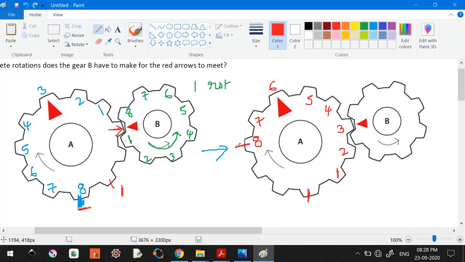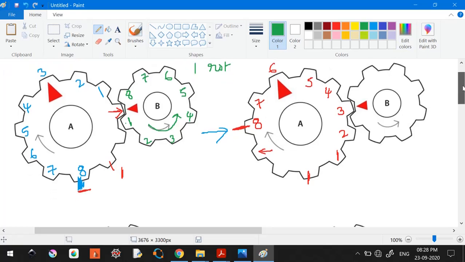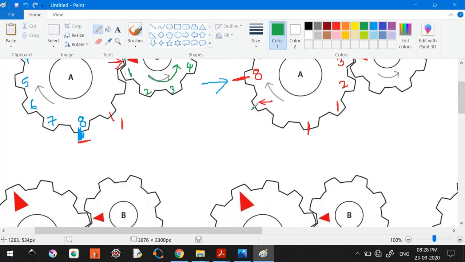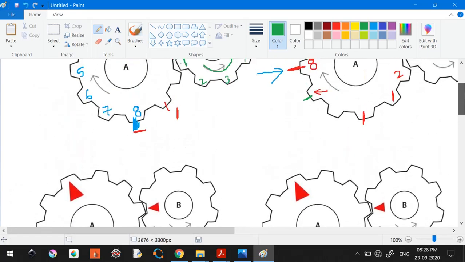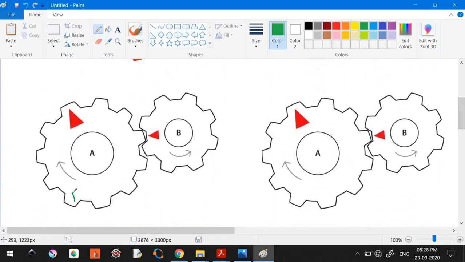Okay, so the stop is here now. So now for the next round, the first tooth will be this one, because this is moving in this direction. So let me take a different color. Okay, remember this one. So here I should mark this as 1.